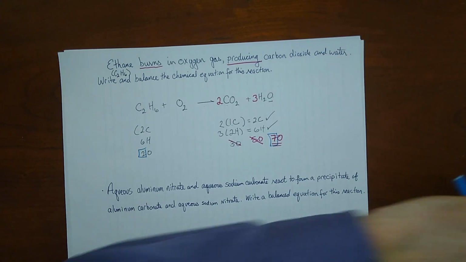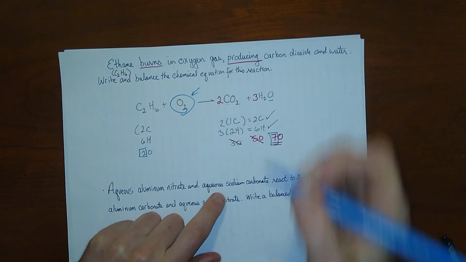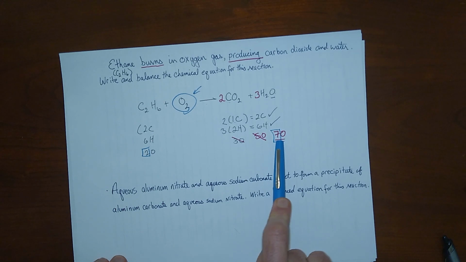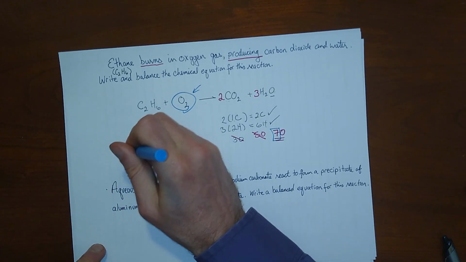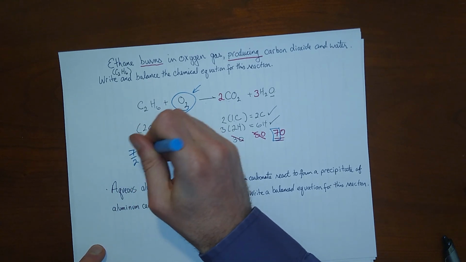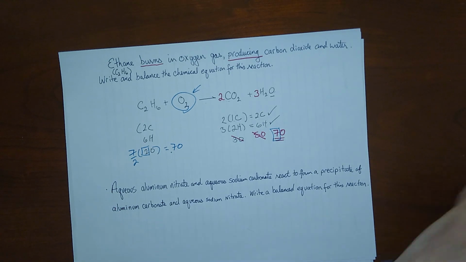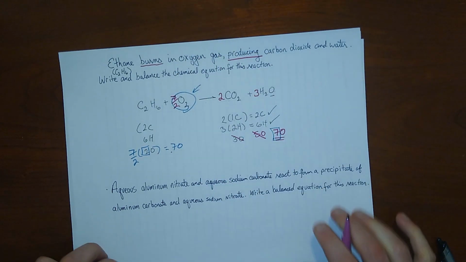And again, it's this oxygen molecule here that I'm going to want to look at. Okay, how do I get this to become 7? Well, I need 7 over 2 of these. That would give me 7 and 7. So I'll just change the coefficient on the oxygen to 7 over 2.